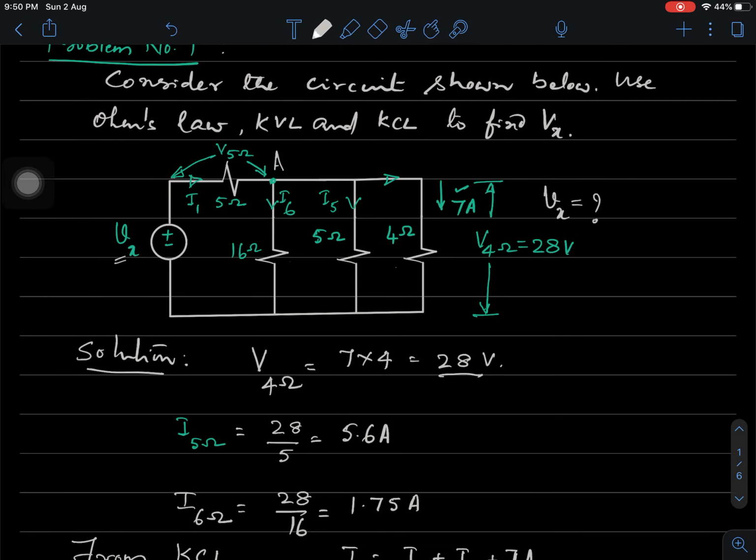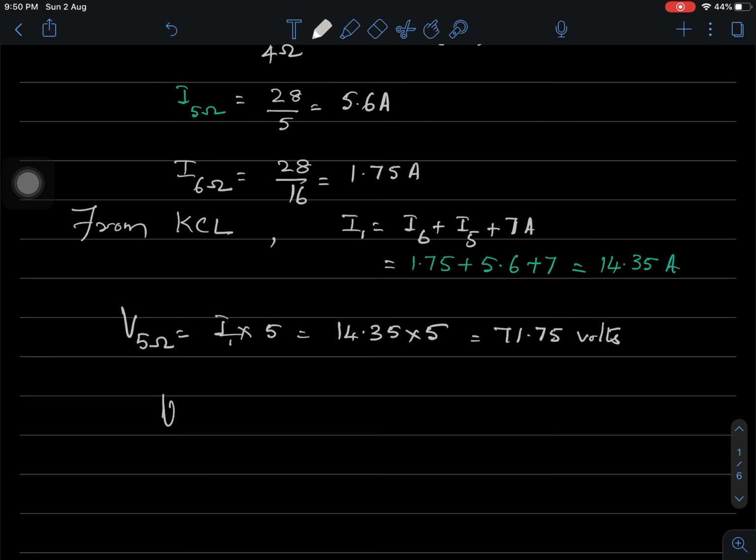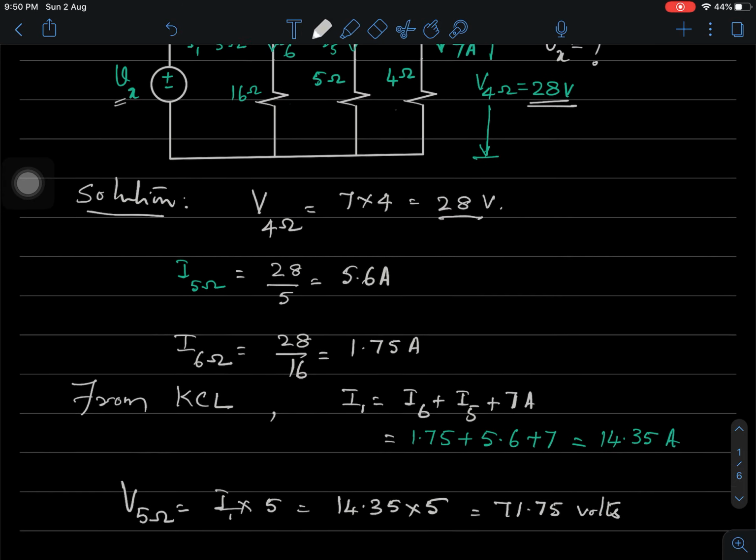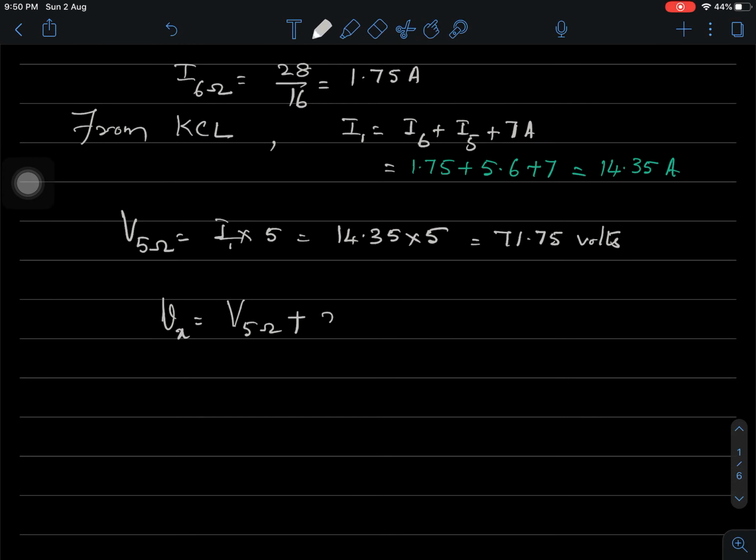Now, if you look at this network, what is Vx now? Vx is simply V across 5 ohms plus this parallel voltage, plus 28 volt.